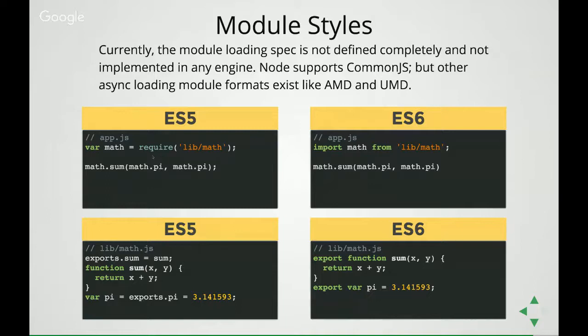In ES6, same thing, except that there's no exports object. There's actually an export keyword, and I can export directly. So I can say export this function. It's got a name. It'll be called sum. Export this constant, or this variable. It's called pi. Still accesses the same way, except instead of using require, we say import namespace object variable name from whatever the actual module is, relative path.